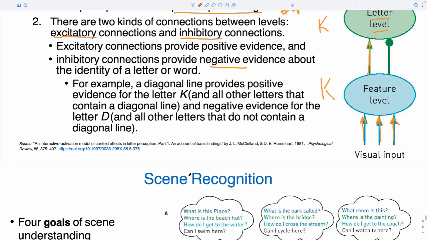Another example of that negative evidence, once you see that diagonal line in the K, this one here, and this one, that provides evidence for a K, and any other letters that have that diagonal line, like maybe an X. But it also provides negative evidence for a letter that maybe has no diagonals. And so we would limit our choices based on that. So that's the idea of the inhibitory connection.